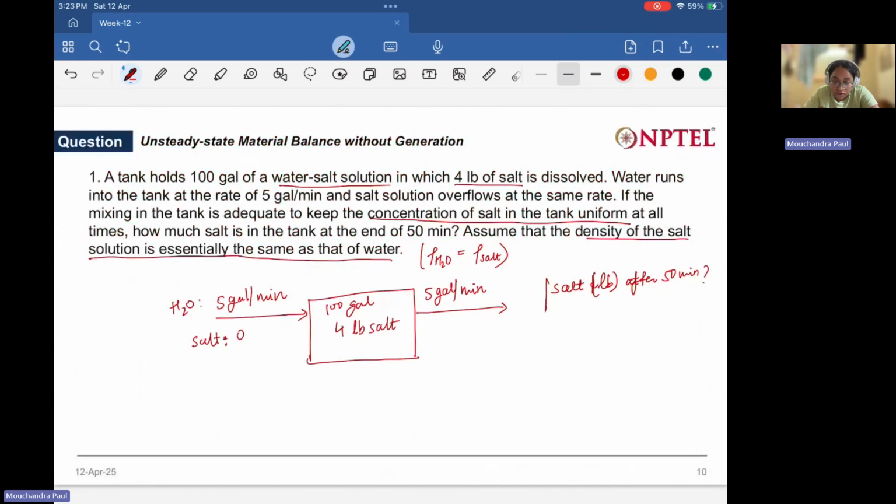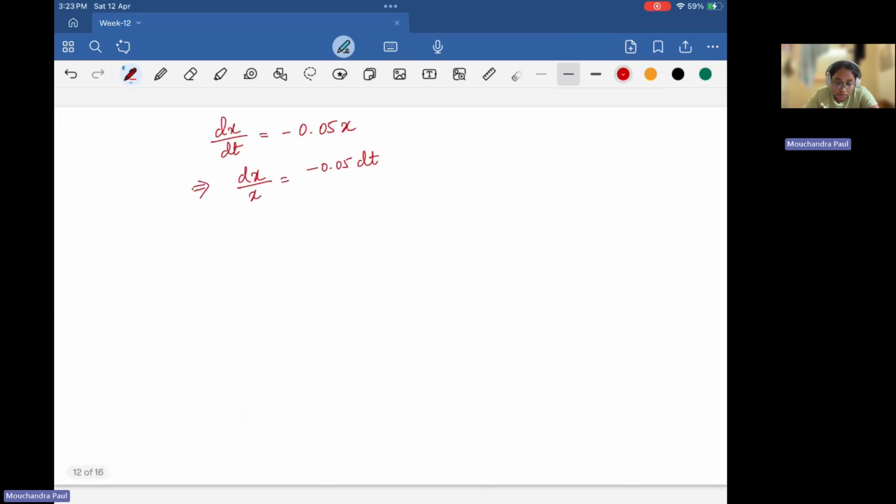That is, what is the salt concentration in the tank at the end of 50 minutes. If we solve this differential equation through integration, we'll be able to do it. But when we take the integral, we have to do integration within limits. What are those limits?